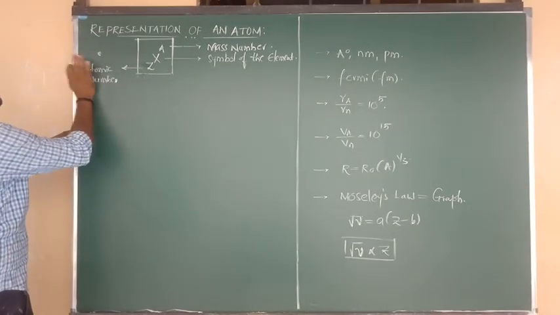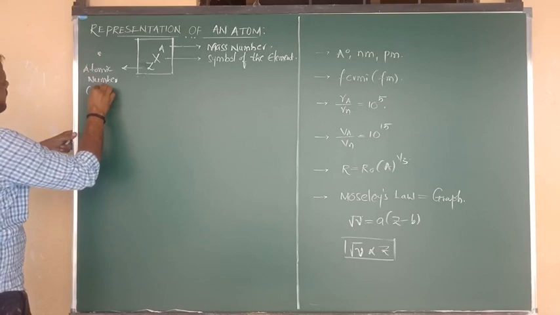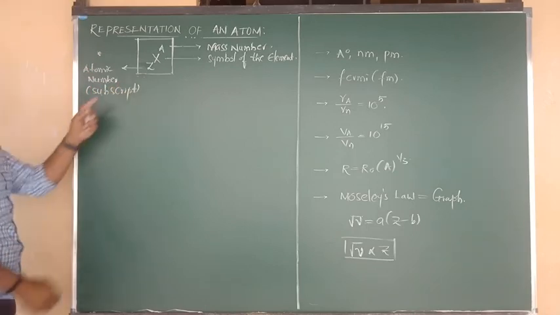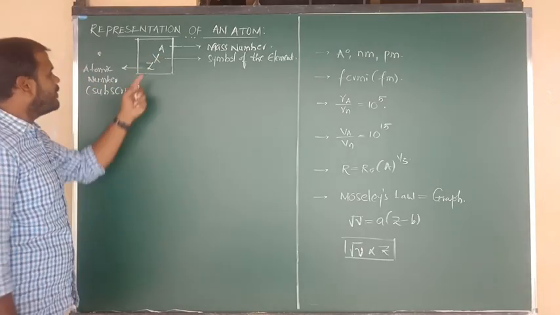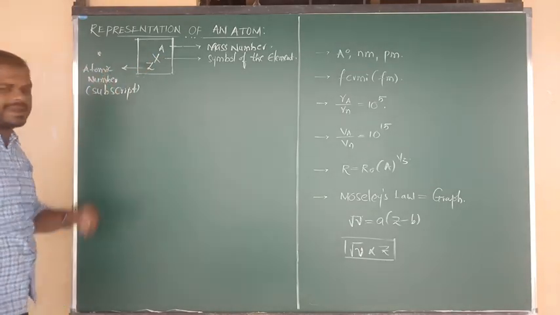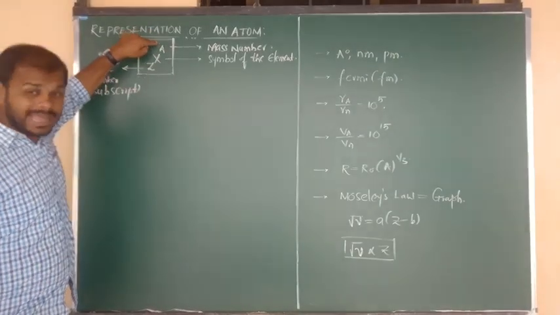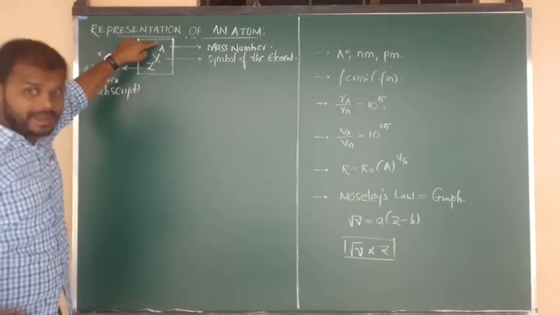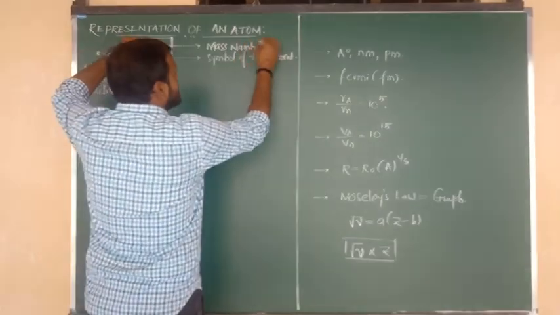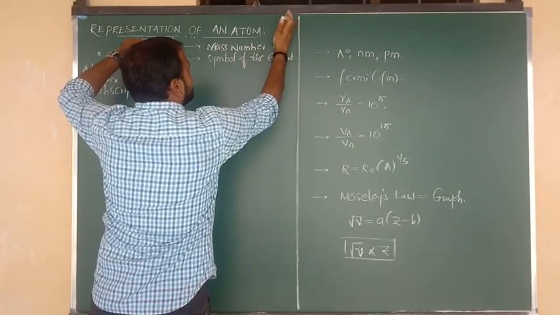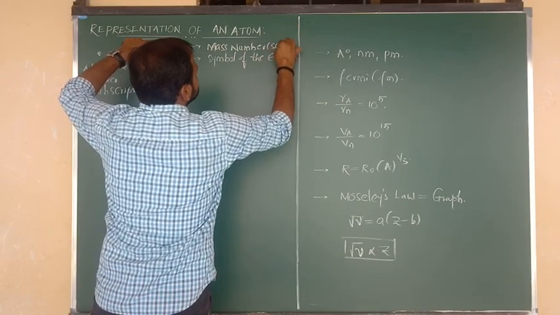So what should we say? Atomic number is written in the form of subscript. At the bottom of the symbol we mention Z, which indicates the atomic number. And at the top of the symbol we write A, the mass number, written in the form of superscript.